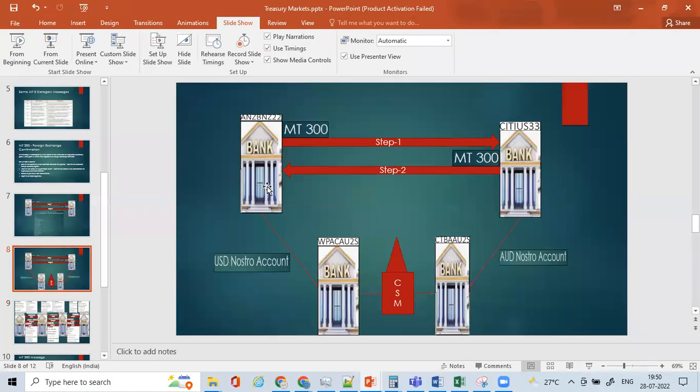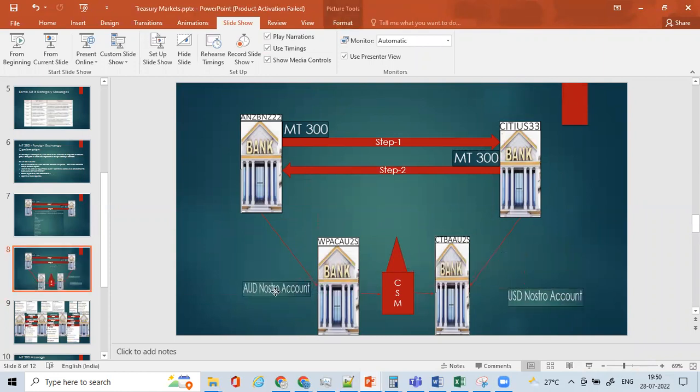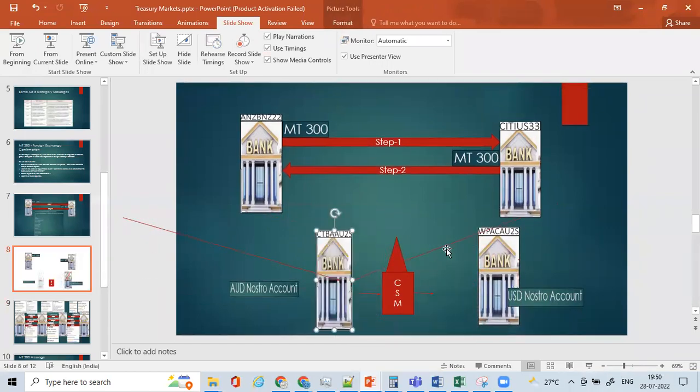If you see here, this ANZ Bank New Zealand has an Australian dollar Nostro account in Commonwealth Bank of Australia, right? I can show it here. This is for the Commonwealth Bank of Australia.